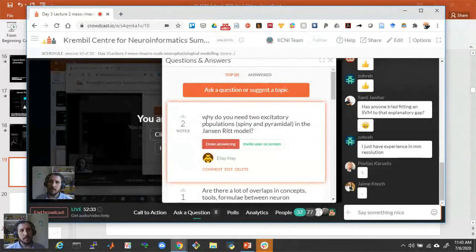But I think the answer to the question is that it's included because it was considered to be an important part of the biology to include in the circuit. Now we could have a discussion, and we probably should, as to whether that's a critical thing to include or not. But that's the rationale for it being included.